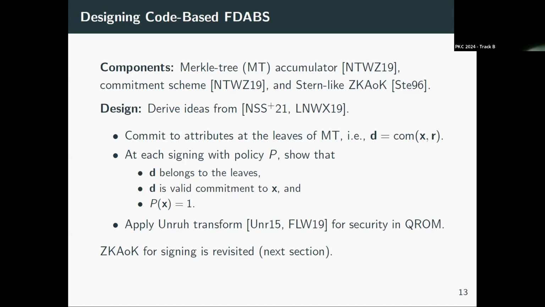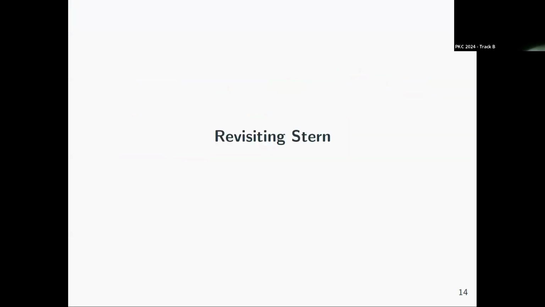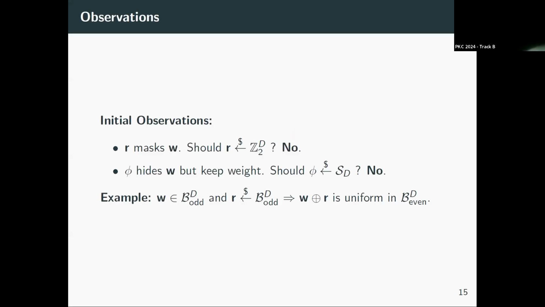Okay, so now because we use the zero knowledge argument of knowledge for this signature, in our next contribution, we revisit Stern to make a more efficient construction of the Stern protocol. Like I said previously, we need to use a mask R to mask W, and also use a random permutation to hide W. For our purpose, uniformly sampling R from all binary strings is not necessary, and uniformly sampling the permutation from the symmetric group is also not necessary.